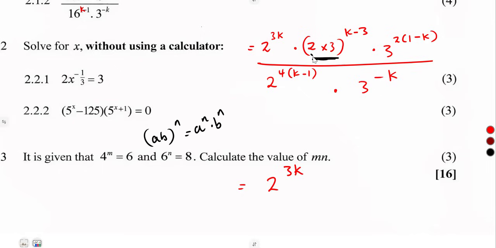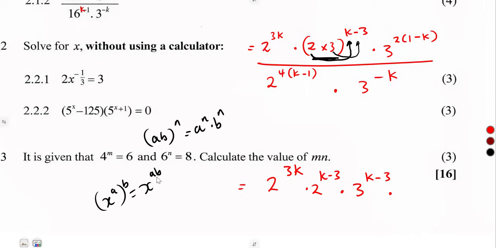So 2 can be raised to the exponent of k minus 3, and 3 can also be raised to the same exponent of k minus 3. Times, here there is a law: an exponent and an exponent, you multiply. x to the exponent of a to the exponent of b is x to the exponent of ab. You multiply the exponents. So here it was going to be 3 to the exponent of 2 times 1, which is 2, and 2 times minus k, that's minus 2k.